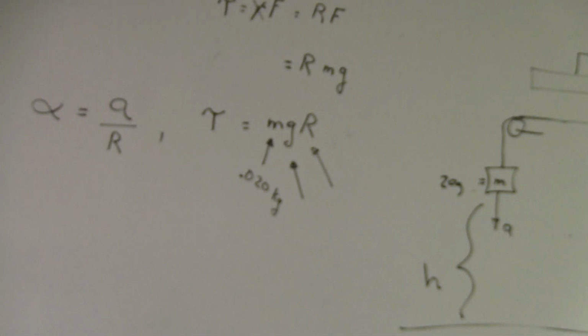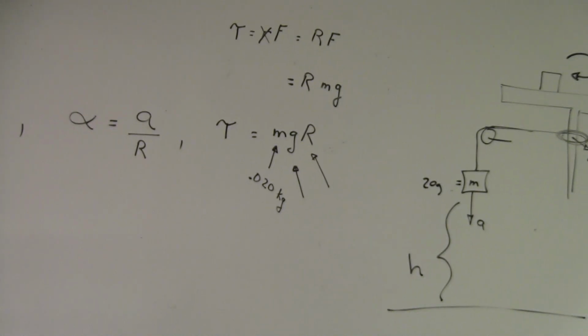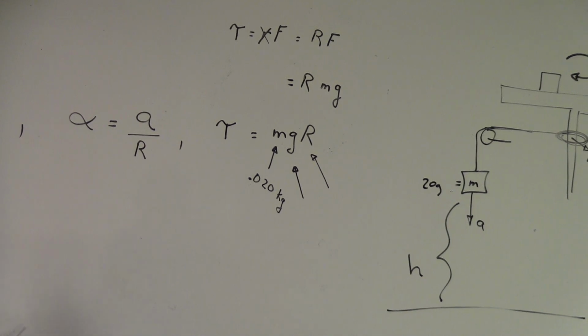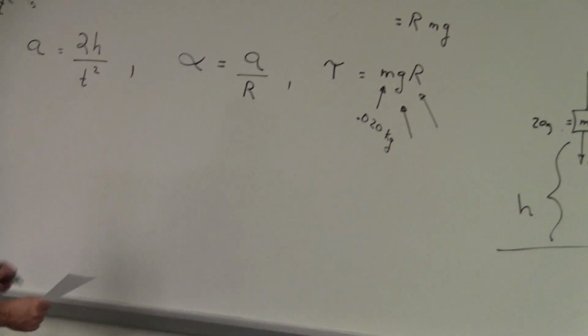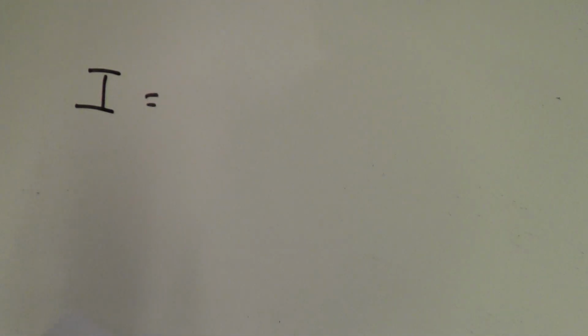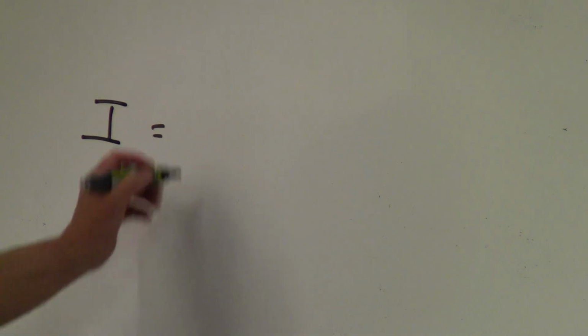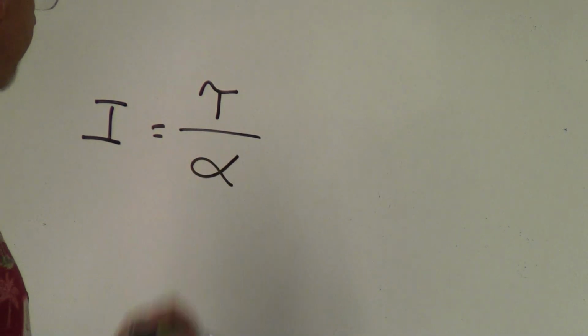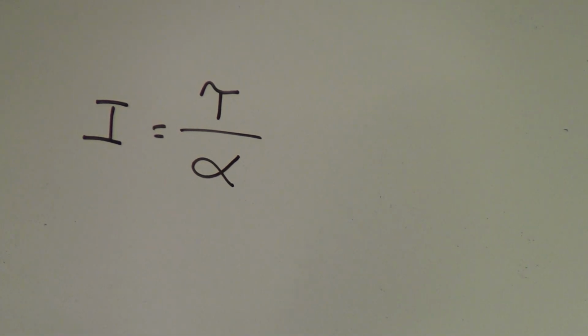And the final equation, and it's a bummer I didn't give myself quite enough room. That's okay. I'll put the fourth equation right here. It says, here's how you find the moment of inertia, or the rotational inertia. You take the torque and divide it by the angular acceleration.